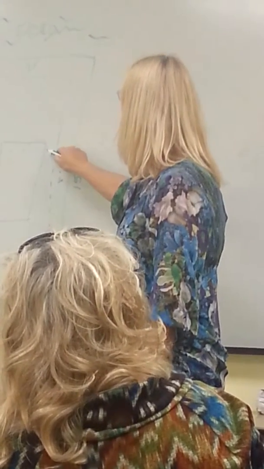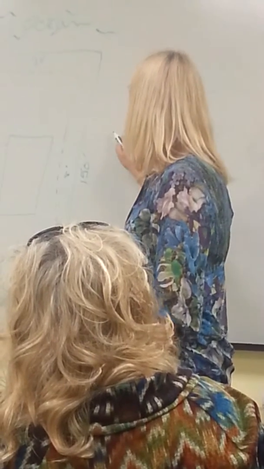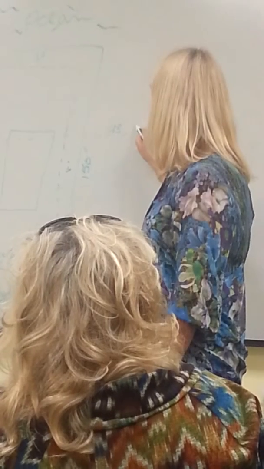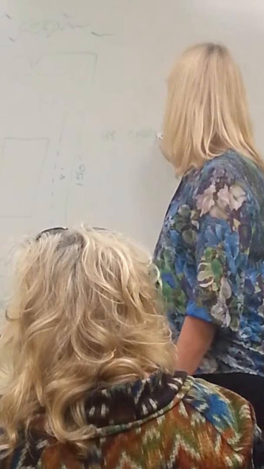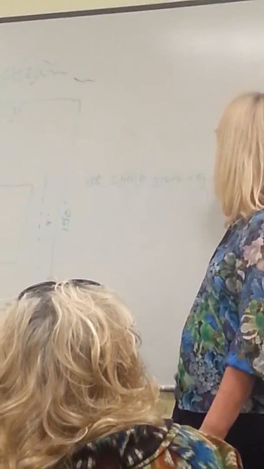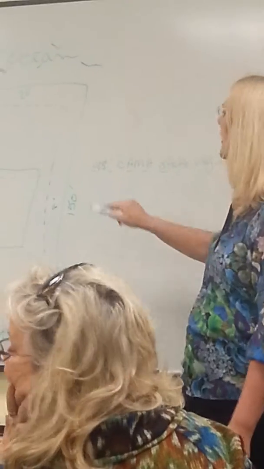So then they measure a 60-foot setback from this, this is what we call the 98 CAMA static vegetation line. Which is 1998. Right, 1998.